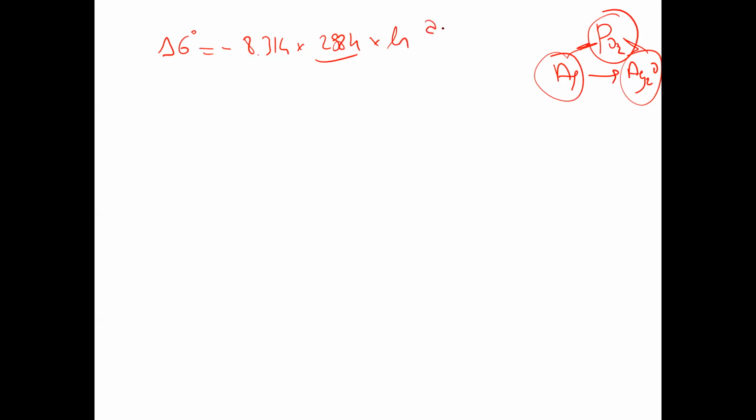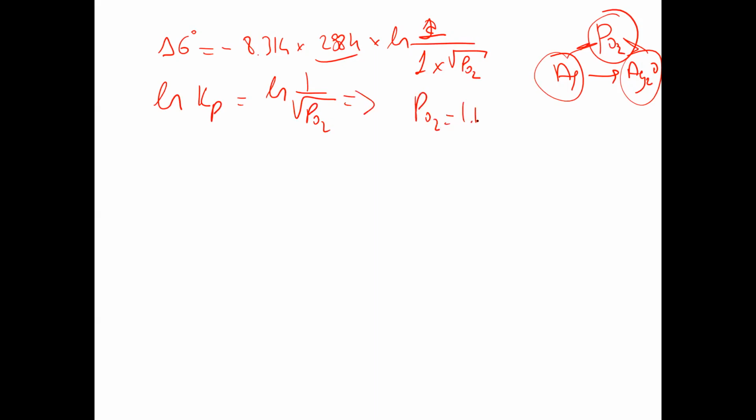The activity of silver oxide is 1. The activity of silver is 1 times the square root of the pressure of oxygen. ln Kp is ln of 1 over square root of PO2, and from this one, PO2 is 1.10 times 10 to the minus 4 atm, which means that normally the oxygen pressure is 0.21 atm.